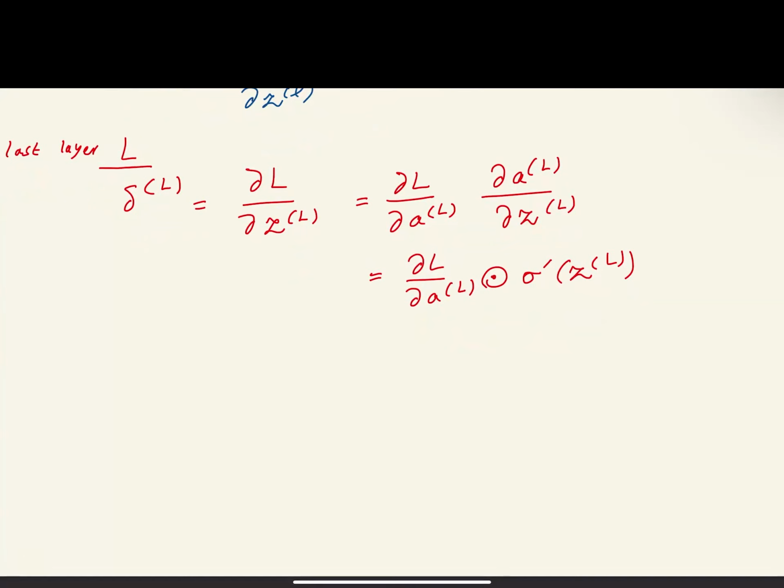In the case of the simple squared error loss, this is literally the error, right? So the blame at L is the error, scaled by the sensitivity of the activation function to its input.